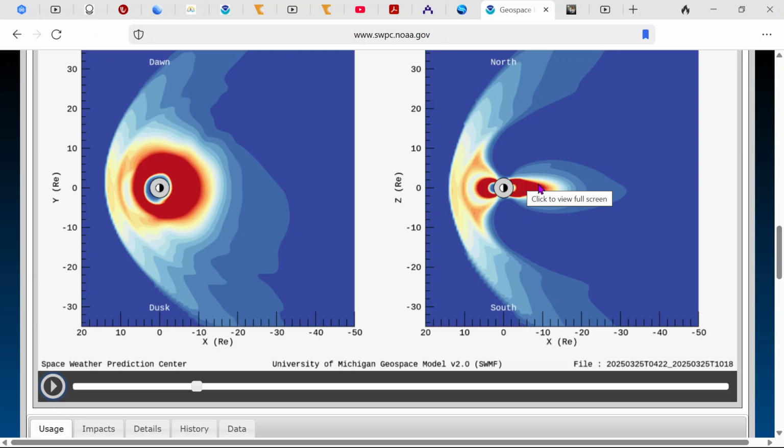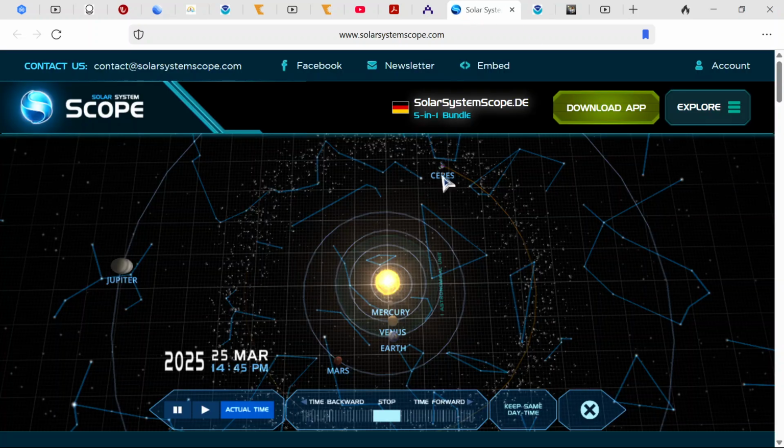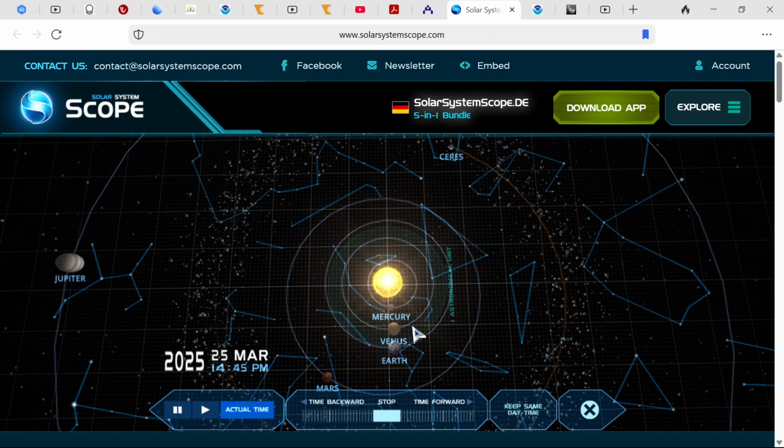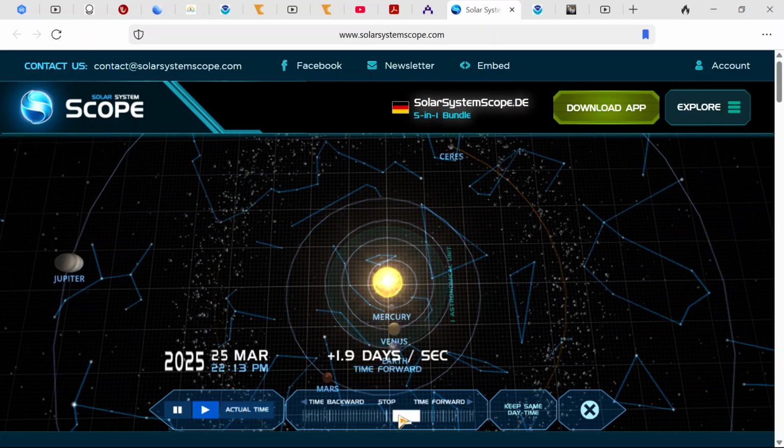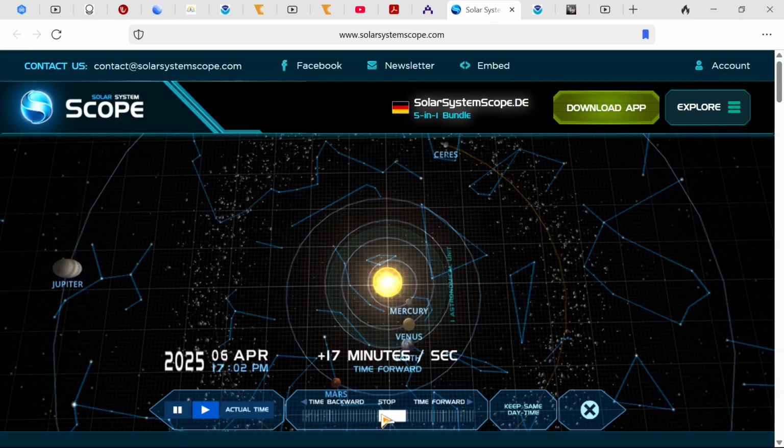So this tail of Venus gets very long. But this only can happen, I think, at least to some degree, when Venus is a little bit ahead of Earth.